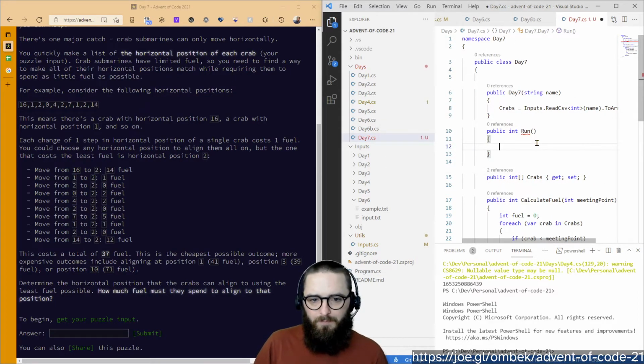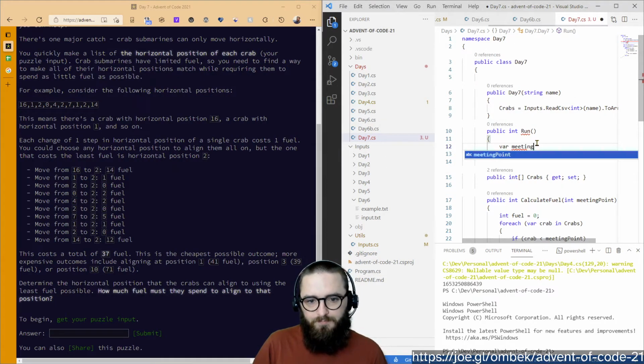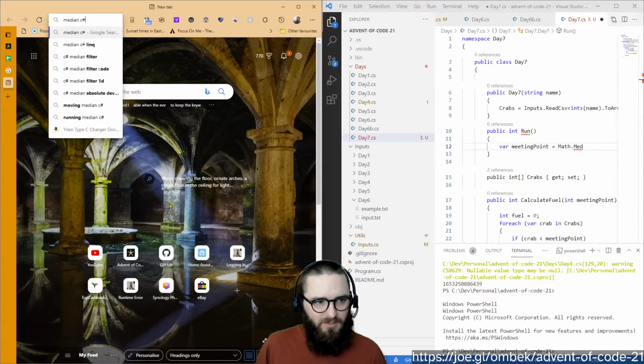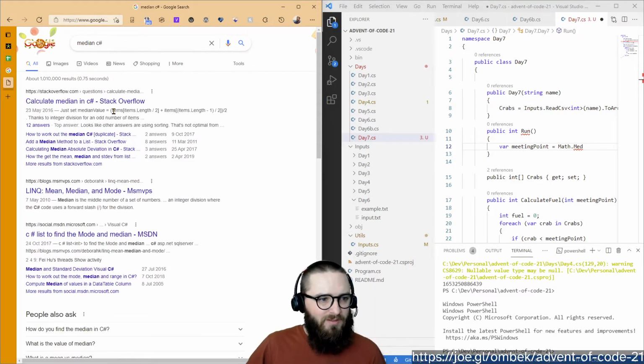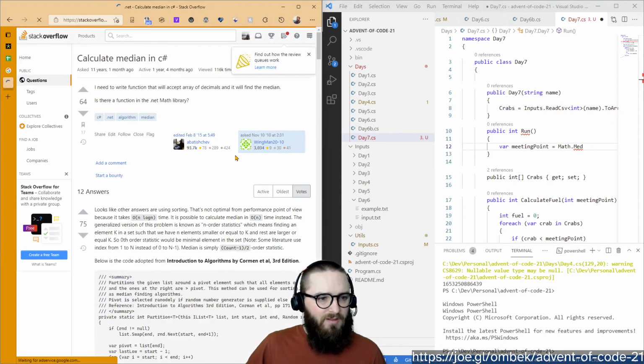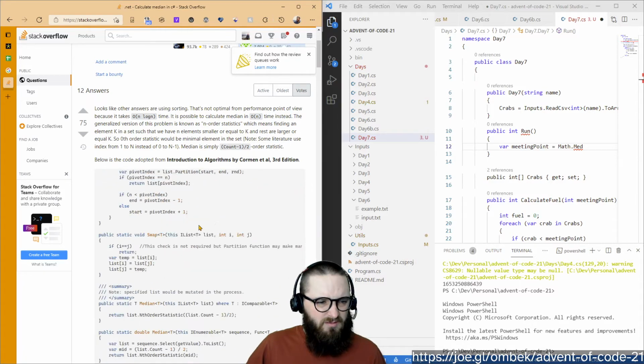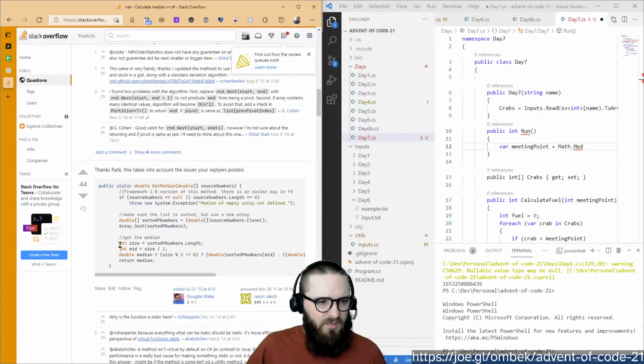my meeting point is the math.median. No. Median C#. Why don't I know how that works? Why can't I just get the median?